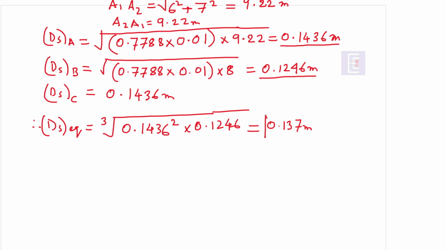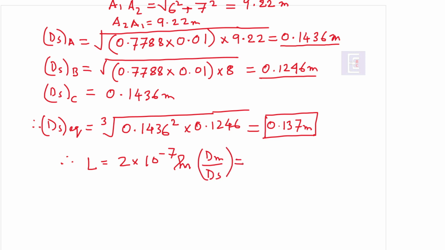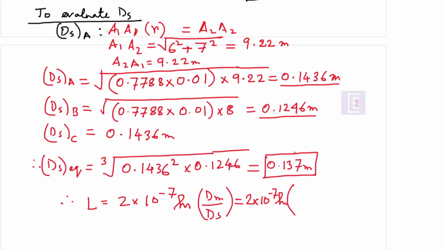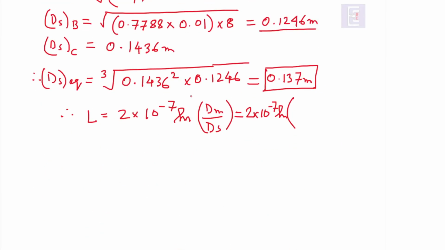So we have calculated DM, and we have calculated DS. Now we will calculate the final value of the inductance, which is 2 into 10 to the power minus 7 ln DM by DS. DM is 5.7 meter and DS is 0.137 meter.